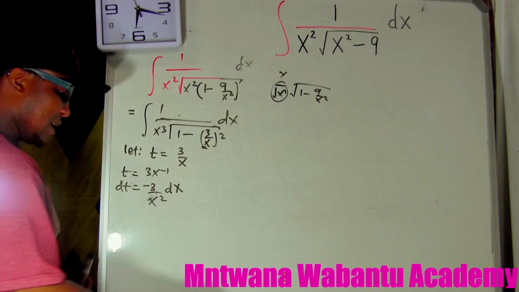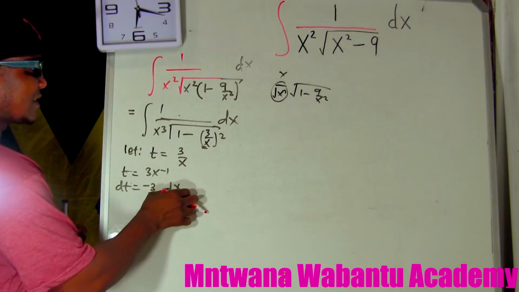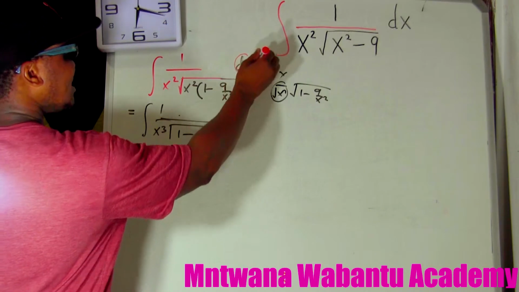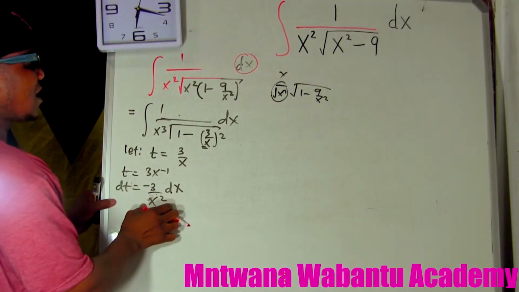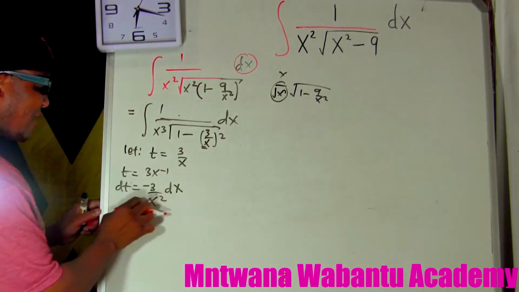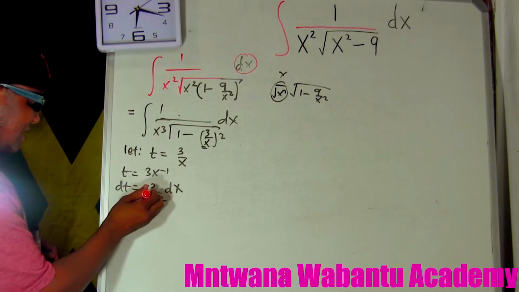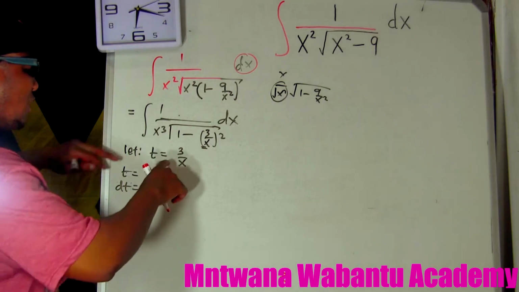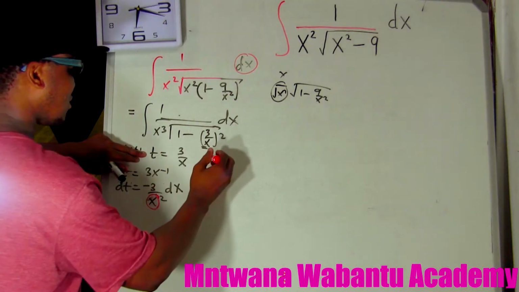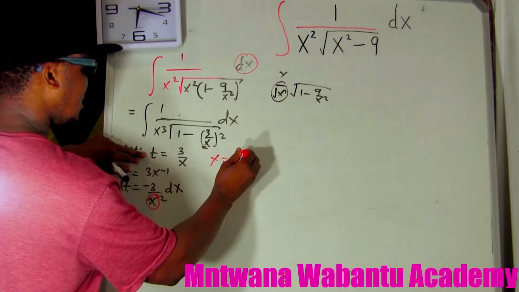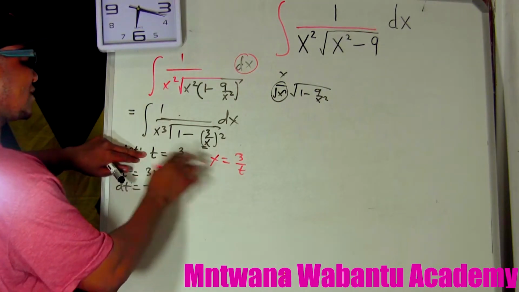So this is our dx. I want to replace the x, but everything has to be in terms of t. So let me replace x first before I go further. What is x? x equals 3 over t.